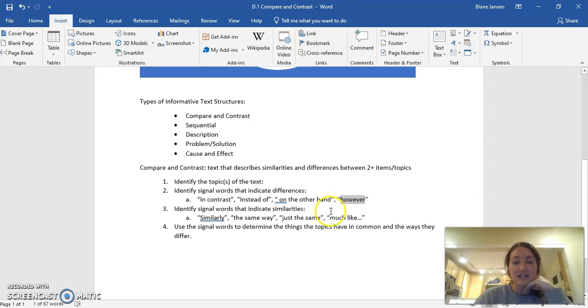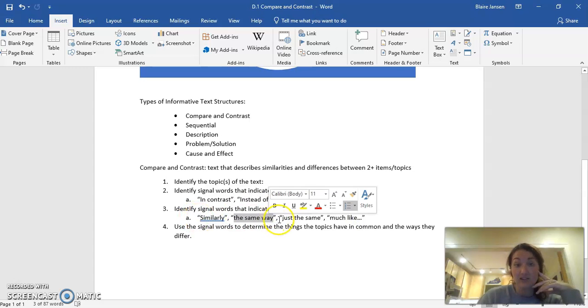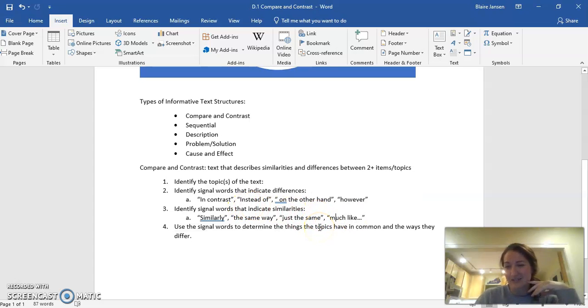The next signal words we look for are signal words that indicate similarities. For example, similarly, the same way, just the same, or much like. These are all words that indicate that the author is about to name something that is similar to the topic they just discussed. So I might say, this board is white and black and square.